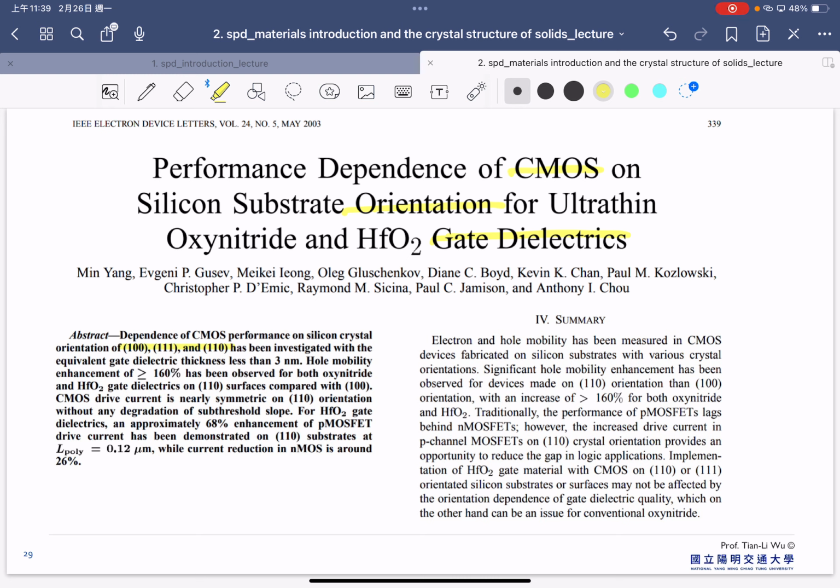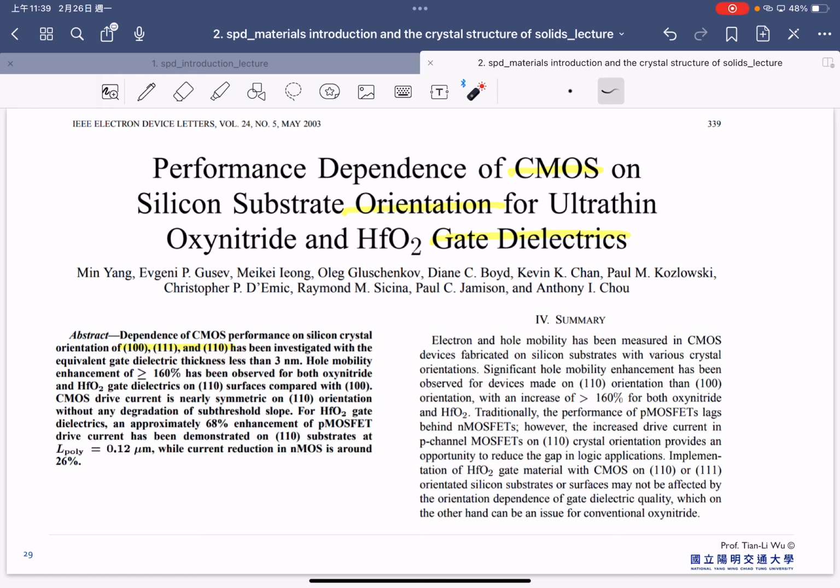That's why we introduce the Miller index: in certain research and understanding, we use it to refer to the plane we are interested in. So when we talk about crystal orientation, the Miller index comes in, and that's why we have to understand what it is.